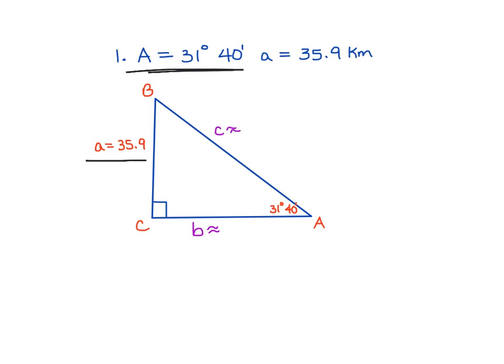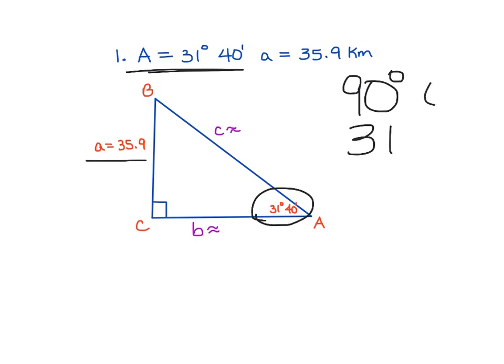You also should have learned in geometry that the two angles that are not the right angle, the two acute angles, they're complementary. So I really don't need to add 90 plus 31 degrees, 40 minutes, and subtract from 180. All I really need to do is take angle A and subtract it from 90 degrees because they're complements.